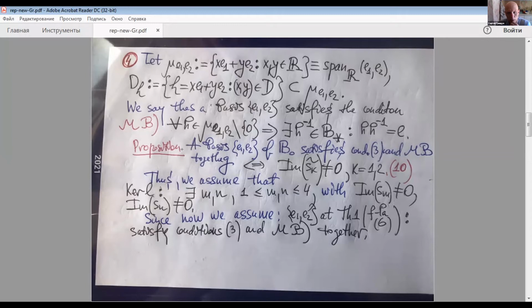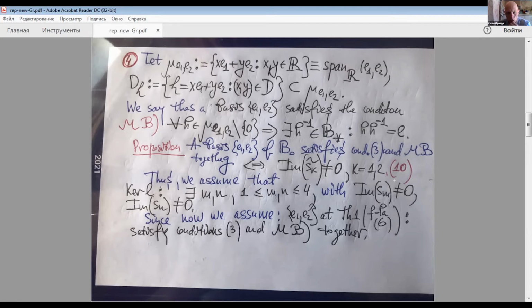We say that a basis E1, E2 satisfies condition M and B if for any non-zero element from this plane mu E1, E2 there exists an inverse element. And it's simple to prove that a basis E1, E2 of B0 satisfies condition 3 and condition NB together if and only if the elements C tilde K have non-zero imaginary parts. So condition 10 is true.